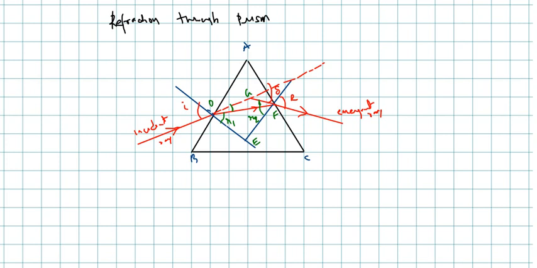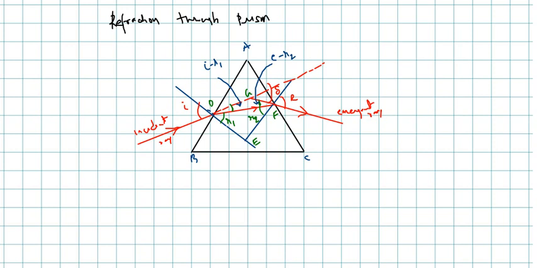So what do you think this one will be? This angle GDF will be I minus R1. And what about this one? Similarly, this one should be equal to E minus R2, correct?